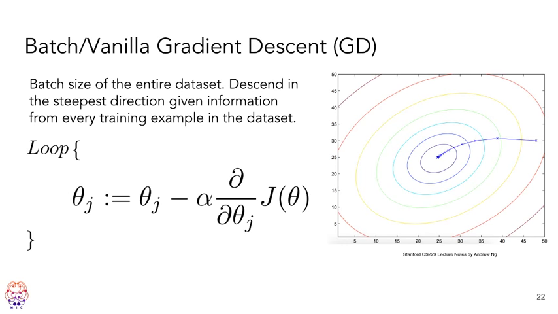So, batch vanilla gradient descent. Think of the batch size like a batch of cookies. It's a batch of the entire data set. This loop here is how many times you want to go over the data set, and that's known as an epoch, or an epoch, depending on who you ask. This gradient right here is a summation.